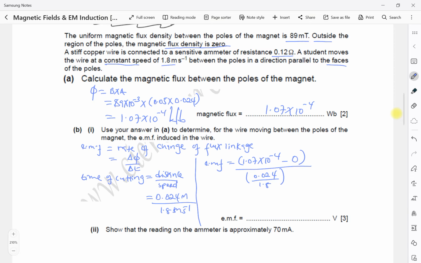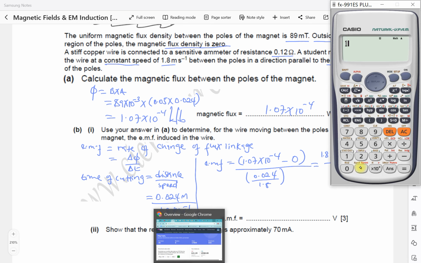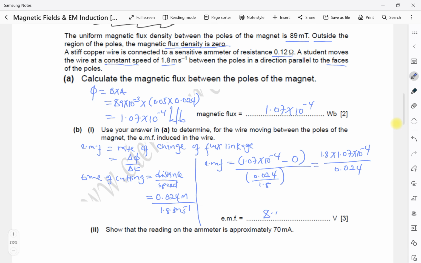So when you simplify this, it is the same as 1.8 times 1.07 times 10 to the power of minus 4 divided by 0.024. So that is 8.03 times 10 to the power of minus 3. Okay.